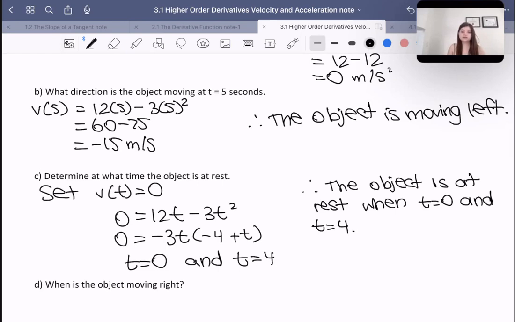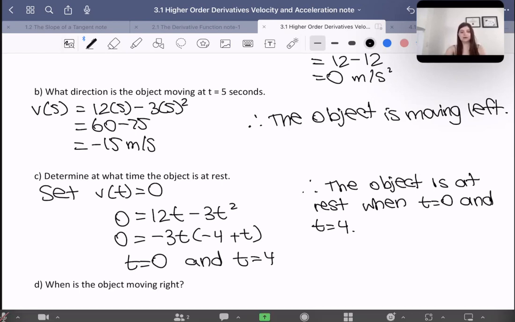The next question asks, when is the object moving right? So we know that the turning points, or the points where the object is at rest, are 0 and 4. So that means that between those points and after and before those points, we need to figure out if it's going to be going right or going left in those cases, okay?